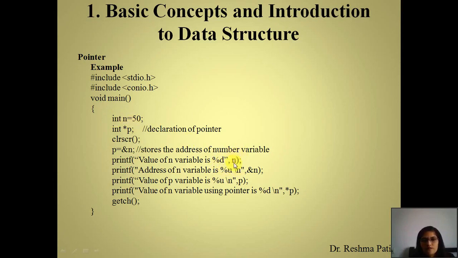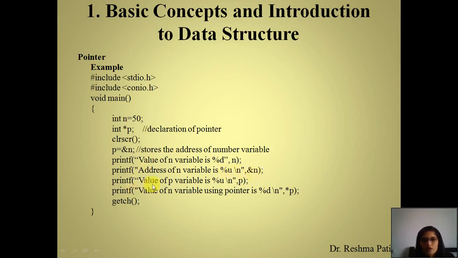So instead of %d it will print the content of variable n, that is 50. Next is the address of n variable. Now we have to see the actual address of the n variable. To check the address of any variable we have to write %u and here using &, we write the variable name. So using this statement we will get the address of this n variable.